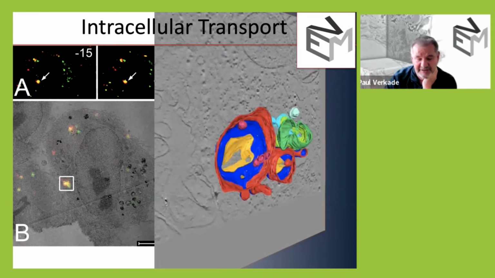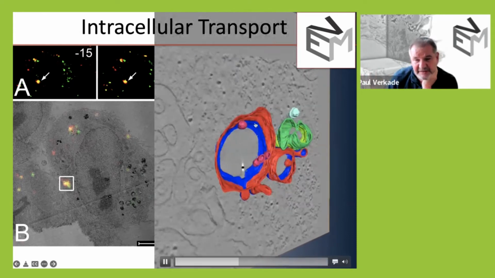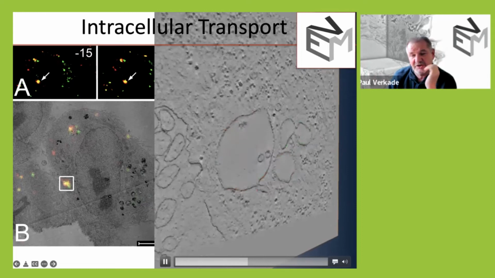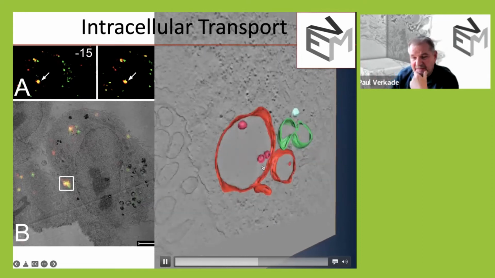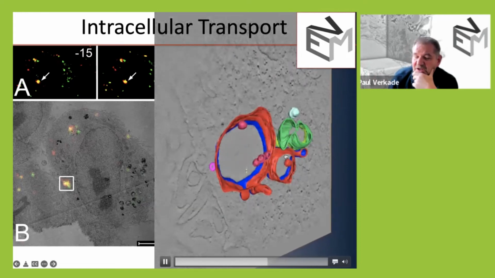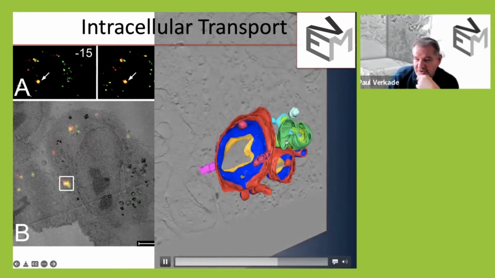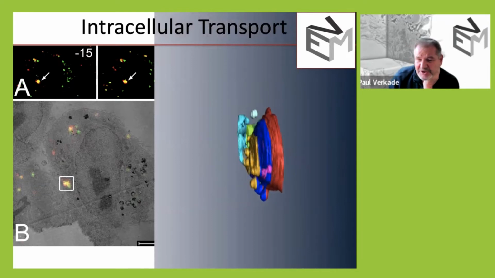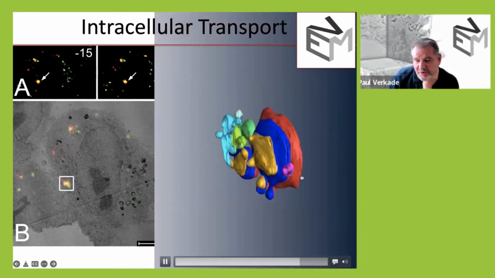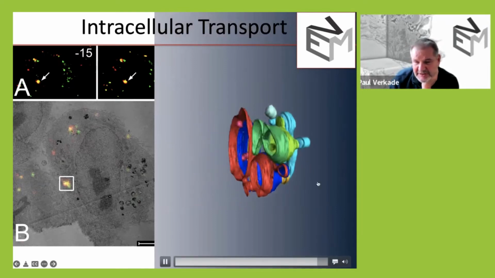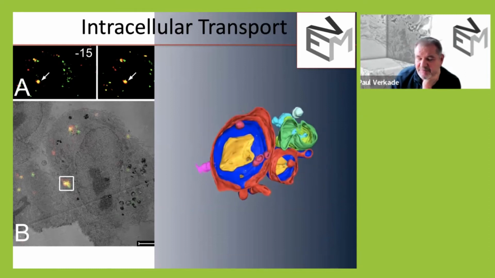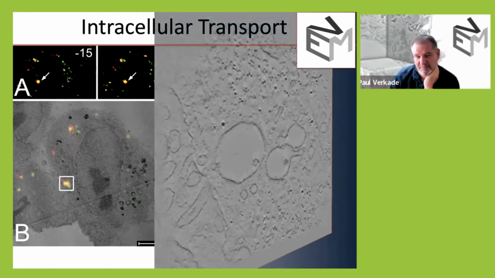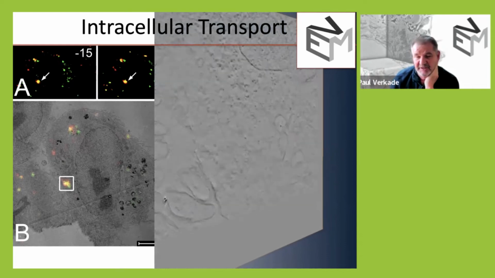Then we've modeled that, and we see that this larger structure is now connected with this red structure, but also with this structure. And I'll let it play once more, because I want to draw your attention to this purple pink structure. And I'll let it play again, because that's where the volume EM aspect of this project came in.